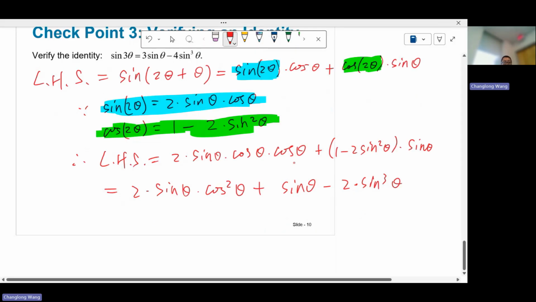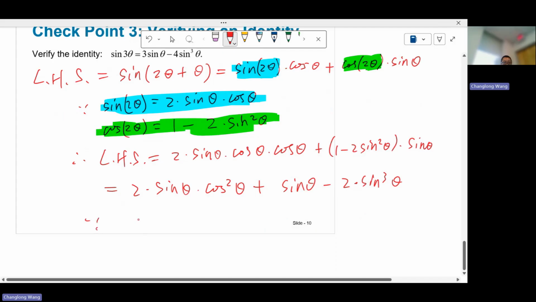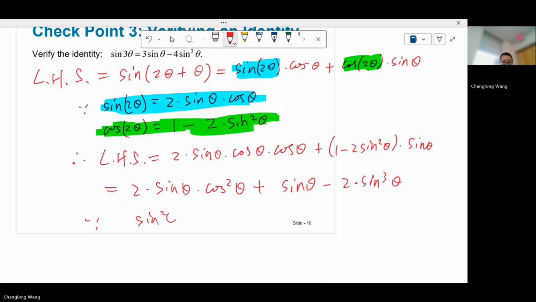So now, again, if you recall, sine square theta plus cosine square theta is 1. So now if I isolate the cosine square theta, it will be 1 minus sine square theta, right?